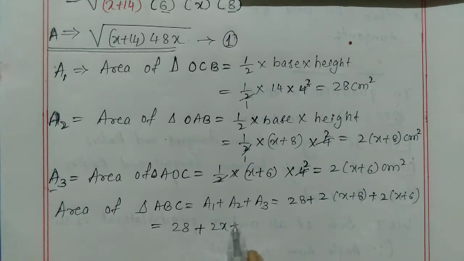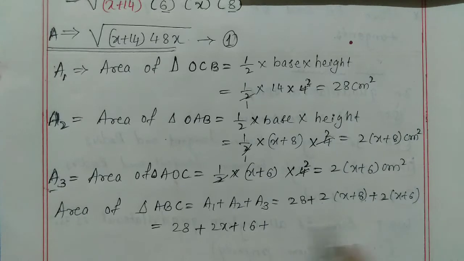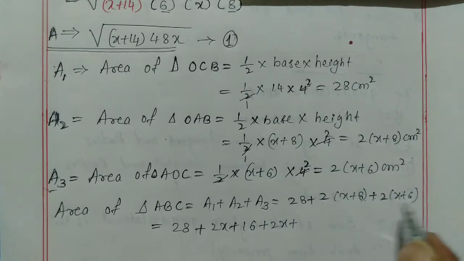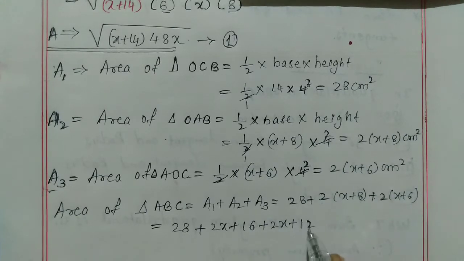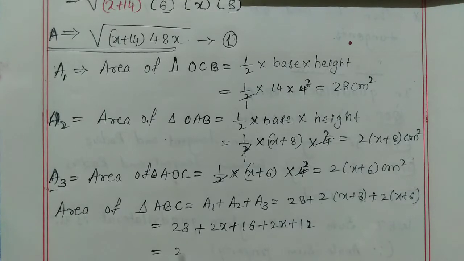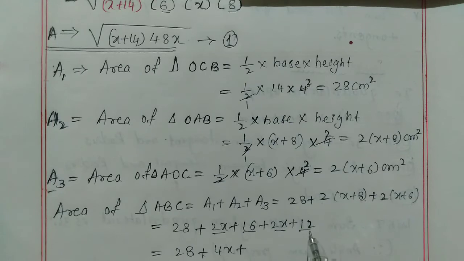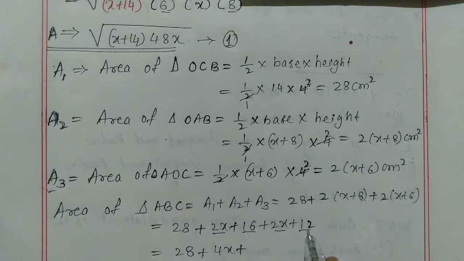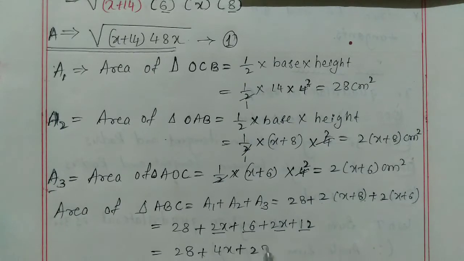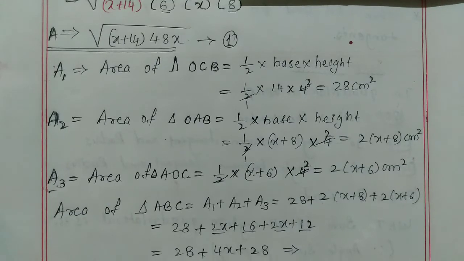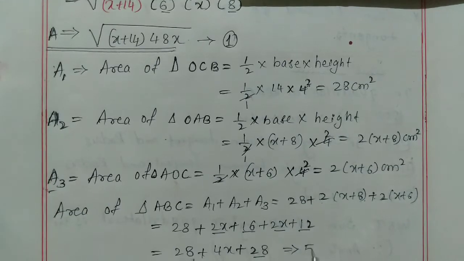2 into x is 2x, 2 into 8 is 16, plus 2 into x is 2x, plus 2 into 6 is 12. Okay, so which equals 28, I will write as it is. 2x plus 2x is 4x, right, plus 16 plus 12, 16 plus 12 is 28. Okay, so which is equal to 28 plus 28 is 56 plus 4x.